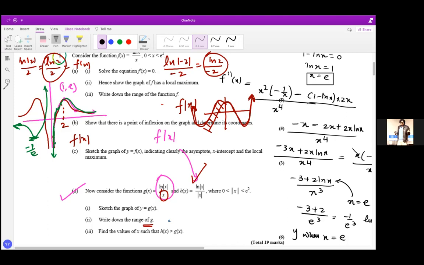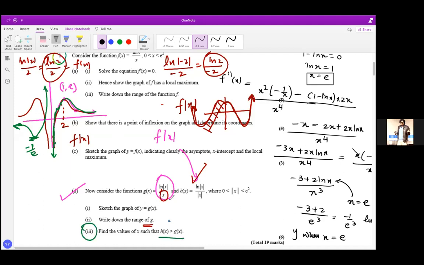A lot of times you find these things difficult because you have no idea how to tackle or understand the graphing part. The last part of the question is h of x greater than g of x.